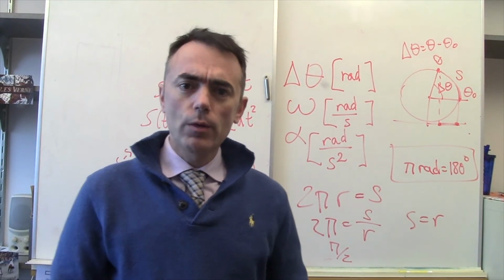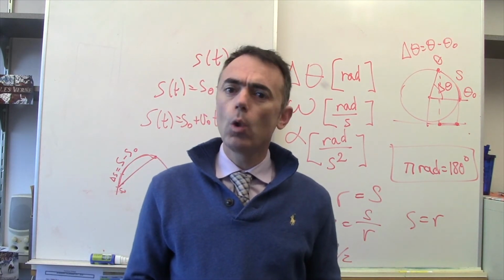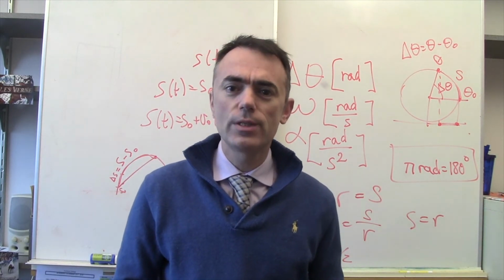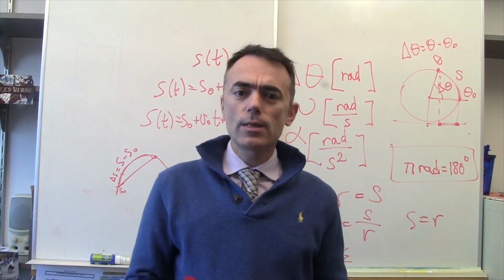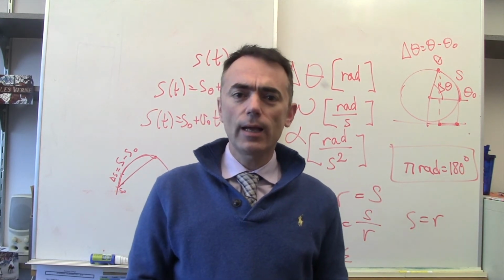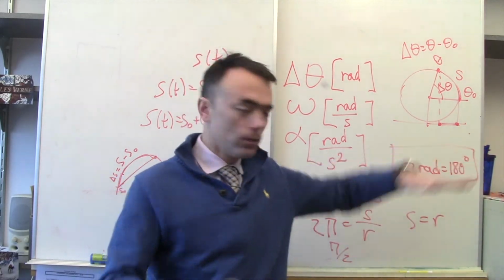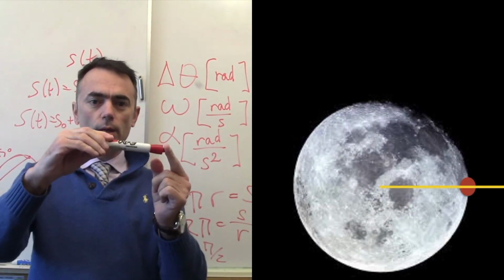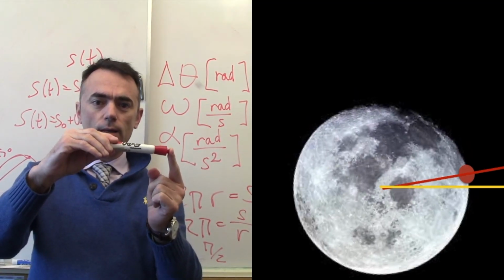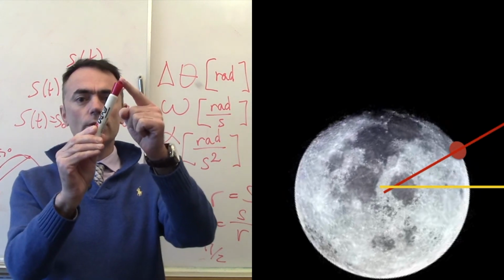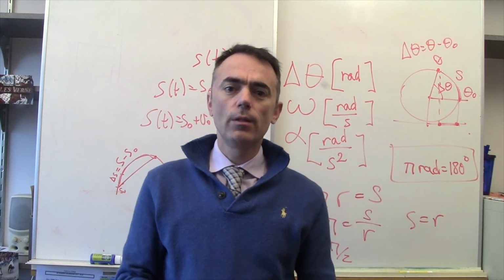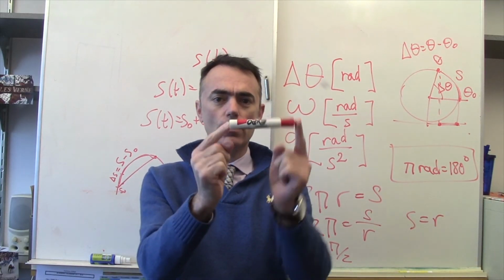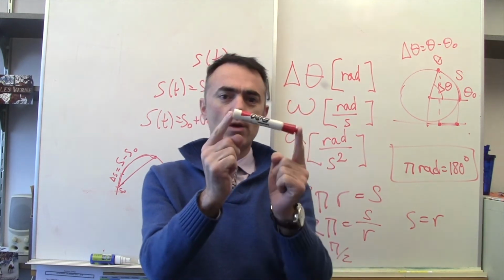When a rigid body rotates through a given angle, all parts of the body rotate through the same angle at the same time. We can set up a fixed reference line and assume that at time 0 the point P is on that reference line, and after a time delta t has elapsed, P has also advanced to a new position. In this interval, the line OP has moved through an angle theta with respect to the reference line.